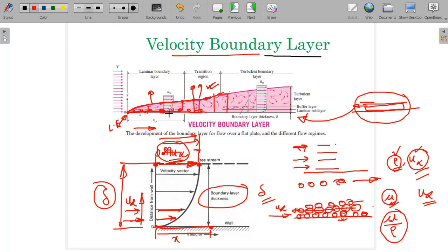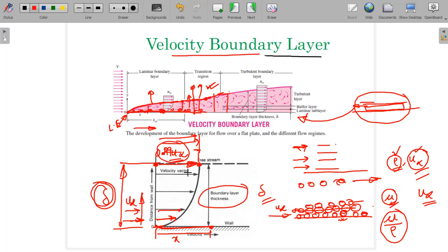They produce more and more dragging effect, because those particles experience the no slip boundary condition. That is why the diffusion length increases. So delta depends on the distance from the leading edge where you want to know the thickness of the boundary layer.